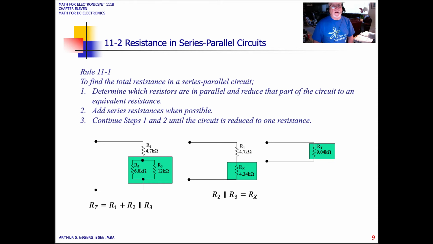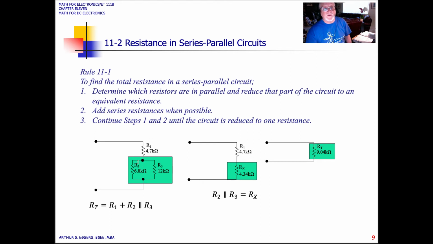Rule 11.1 says that to find the total resistance in a series parallel circuit, we determine which resistors are in parallel and reduce that part of the circuit to an equivalent resistance. So in this case, if we look at the diagrams below, we can see stepwise the reduction of each step of the parallel branches into a series branch, and then making a total for each of those steps.